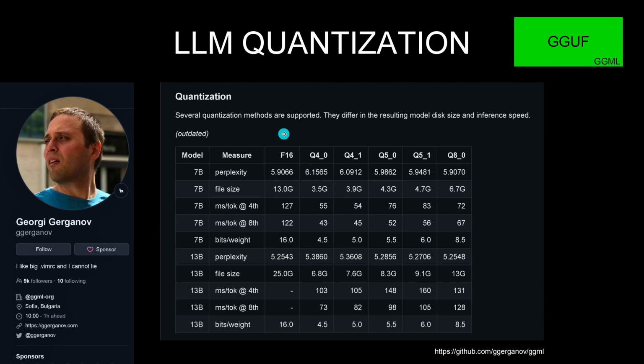As a benchmark, we have floating 16, and then we have different quantization methodologies applied to this. You can see, for example, for a 7B model the file size, or you go here for a 13B model. So you can get an idea where you want to go or which quantization method you have to choose for your particular compute infrastructure.